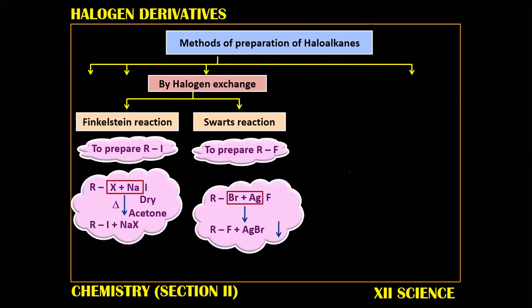In Swarts, we can prepare fluorides. Now, mostly in MCQ they ask this only, the Finkelstein and Swarts reaction names. The alkyl iodides are prepared by Finkelstein reaction. Alkyl fluorides are prepared by Swarts reaction.